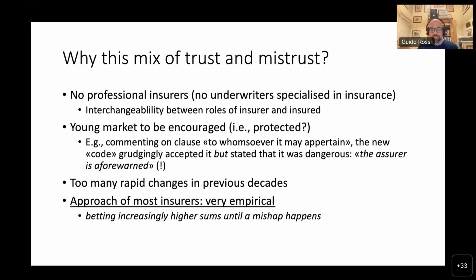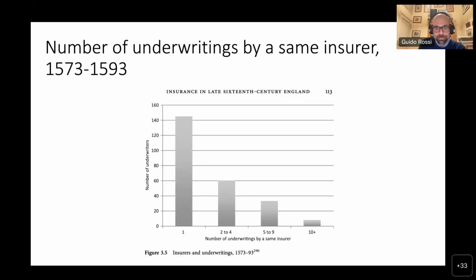And also they wanted to protect insurers because over the space of 20 or so years, there had been way too many changes already. And all this change was perceived as really not helping consolidating the market. But most of all, I think, the reason they were trying to protect the insurers is that the approach of insurers was really empirical. You can see here the number of insurers and the number of policies they would underwrite.